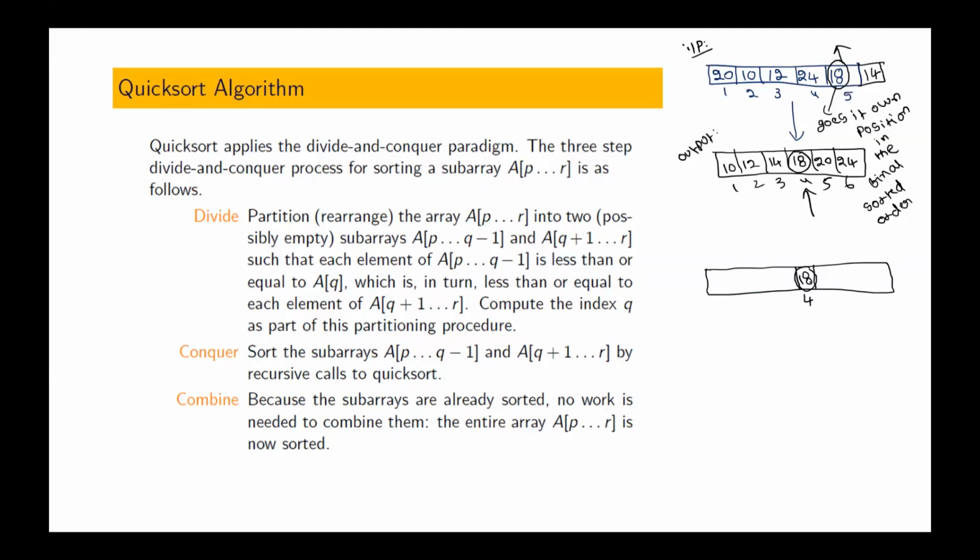Then all the elements to the left side of 18. Now if I assume that all elements are distinct, all the elements to the left side of 18 are smaller than 18. All the elements to the right side are greater than 18.